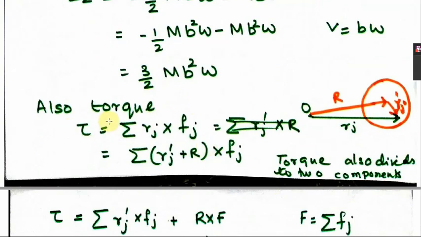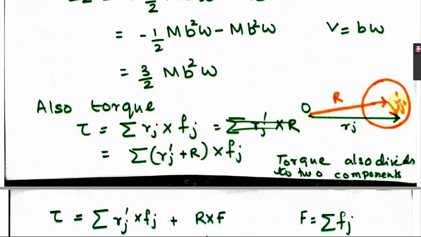Now the torque. Torque tau is R cross F. So for the jth element, it is Rj and force is Fj. So we are summing the torque over all the n elements. That is sum over Rj cross Fj. This is the jth particle at this point. So the distance from the origin is Rj.